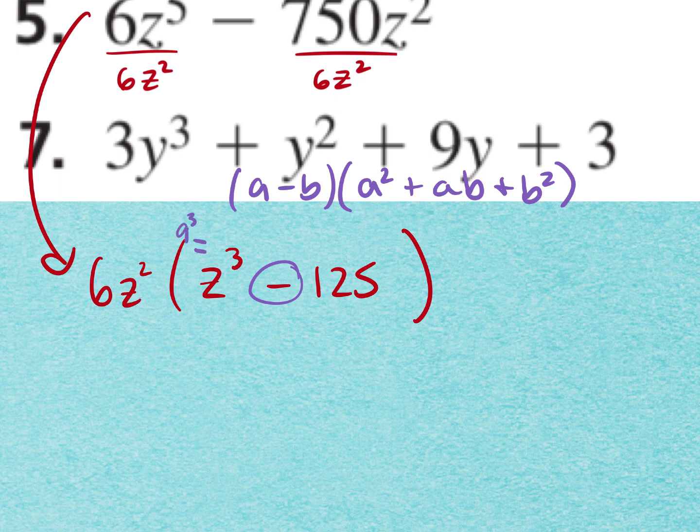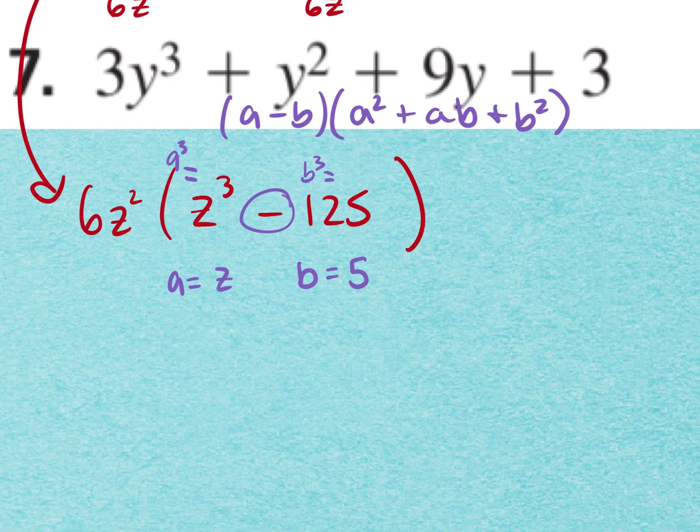Now, if a cubed is z cubed, what is just a? Z. Perfect. If b cubed is 125, what is just b? 5. Awesome, because 5 cubed would give us 125.